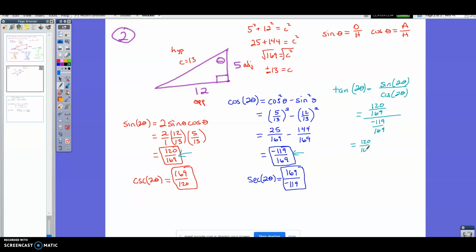Keep, change division to multiplication, and flip the bottom fraction. So here we have 169 on top and bottom, so they cancel. We're left with 120 over negative 119. So then to get the cotangent of the double angle, we take our tangent and flip that.